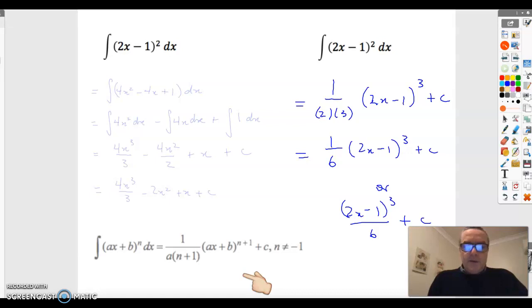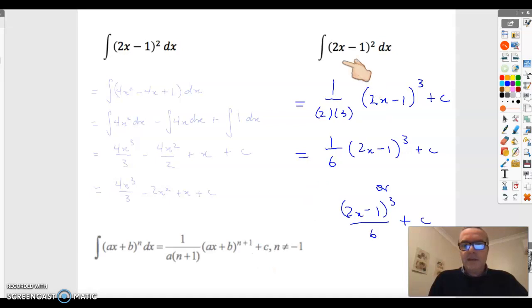I've solved this one a different way. The second rule in that list of formulas is where instead of x we've got ax plus b to the power of n. So we've still got 1 over n plus 1, but in addition to that we've got 1 over a, ax plus b to the power of n plus 1.